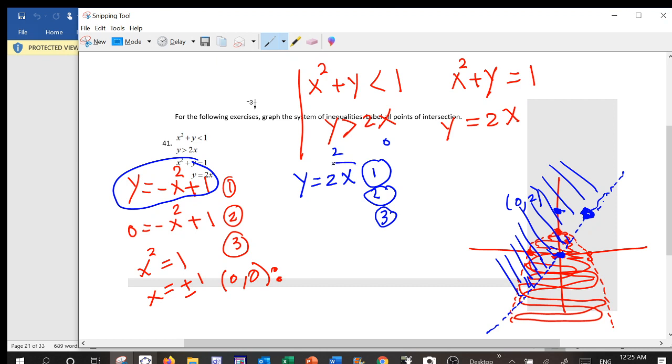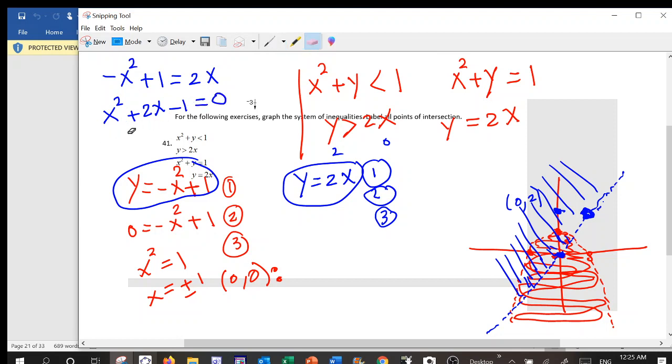And for the second one, y equals that. To find the intersection, we want the y's to be equal. So we want negative x squared plus 1 to be equal to 2x. If I move everything to this side, I get x squared plus 2x, because 2x is already here, and I'm just moving these to this side, and that would be minus 1 equals 0.